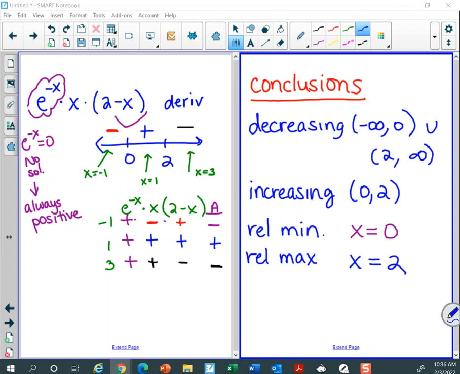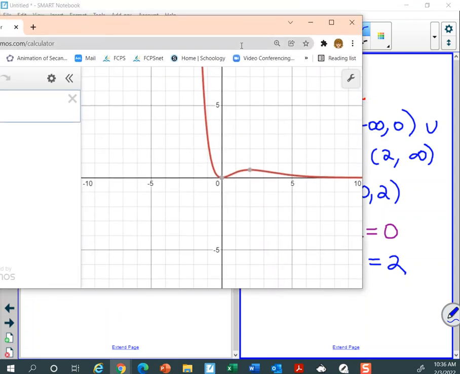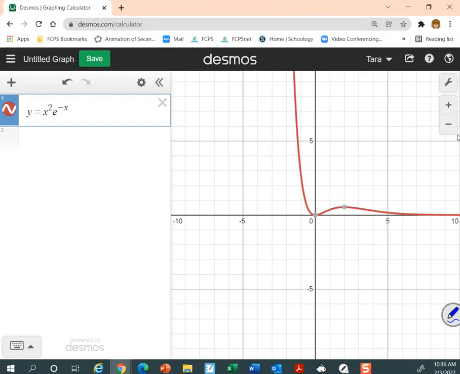So a nice way to do that, since we've got the technology, is to look and see what this looks like. These are all the conclusions I've made. Let's see if they're accurate.